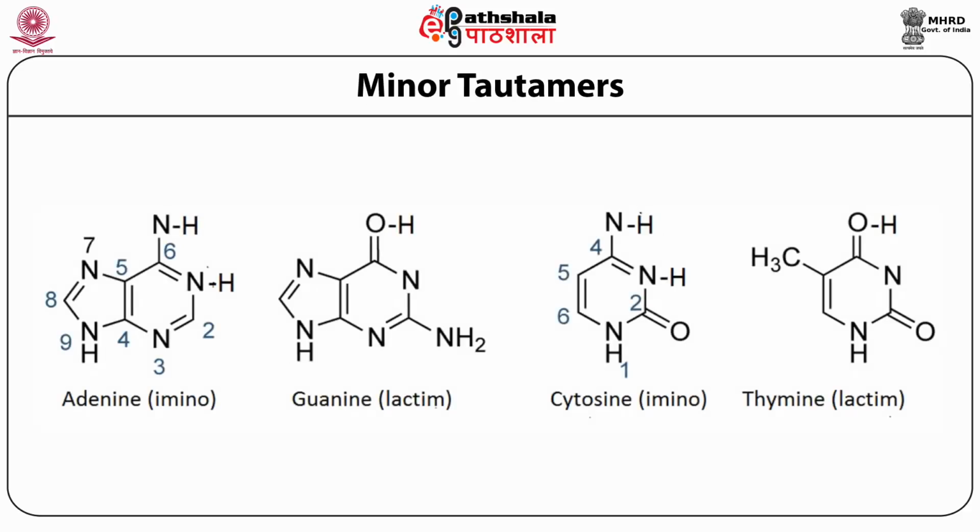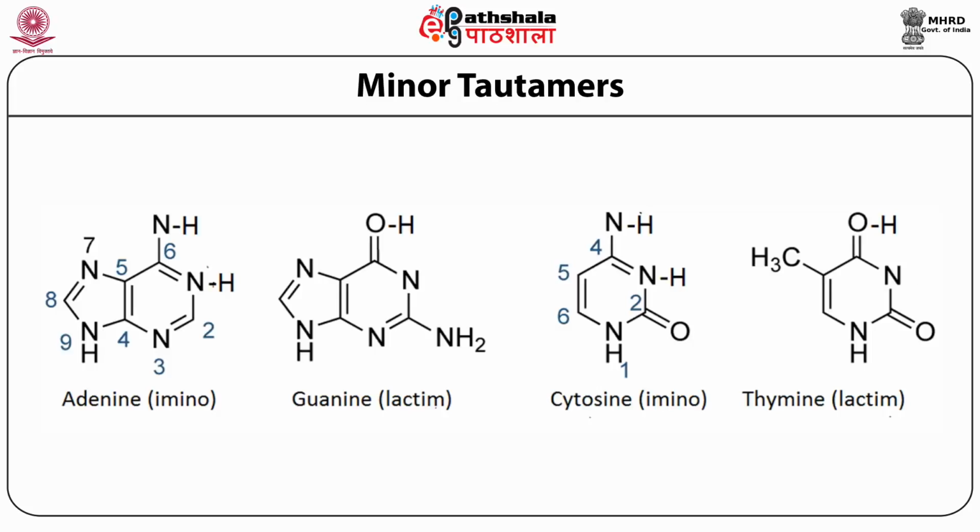DNA bases also have minor tautomers. Normally, adenine and cytosine are present in their amino form, but this can also go into imino form.